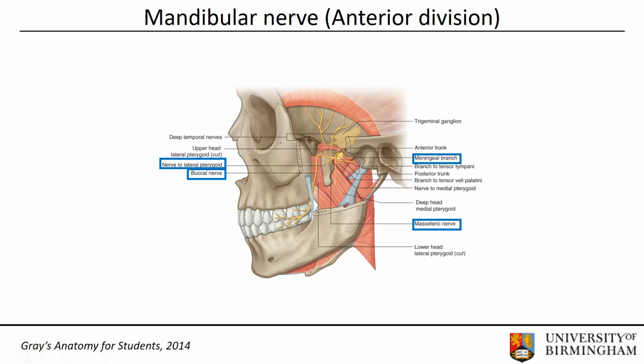In this image, we can see the meningeal branch, which is entering the foramen spinosum. And the branches of the anterior division: the deep temporal nerve, the nerve to the masseter, the nerve to the lateral pterygoid, and also the buccal nerve.